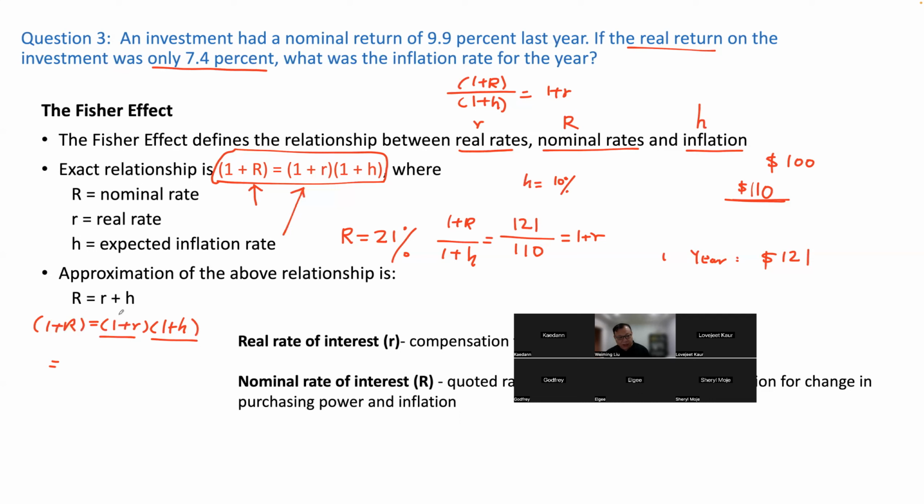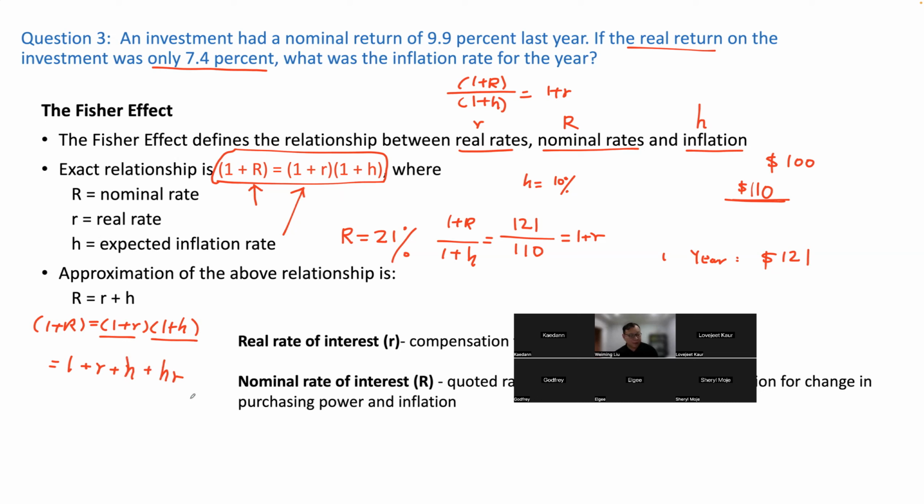I use 1 times 1, 1 times 1 equals 1. And 1 times r equals r. Now I use h. h times 1, that's h. And then plus h times r, that's hr.